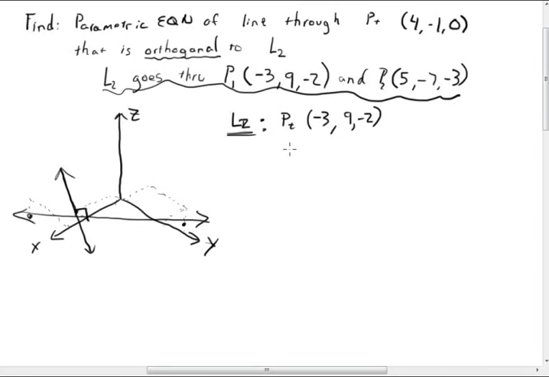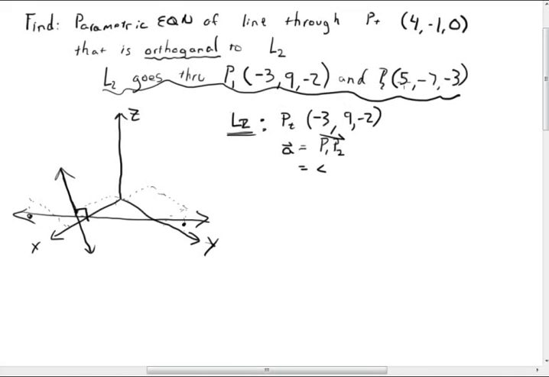And we also need a vector. Now, we can find the vector that goes from point 1 to point 2, and we call that vector P1P2. The way we find that vector is head minus tail, which would be P2 minus P1.